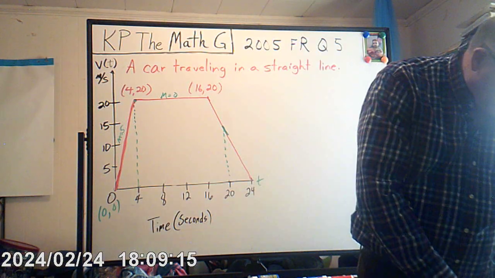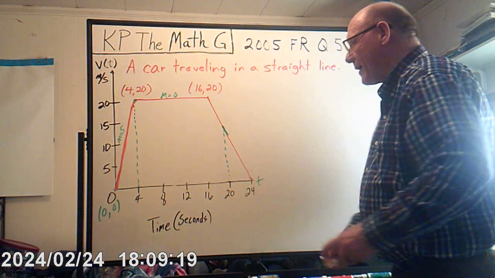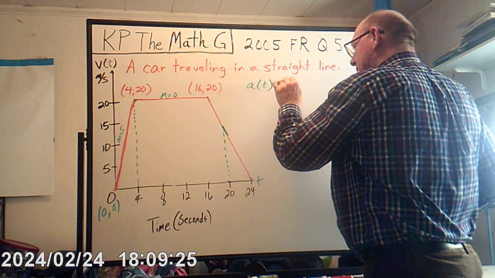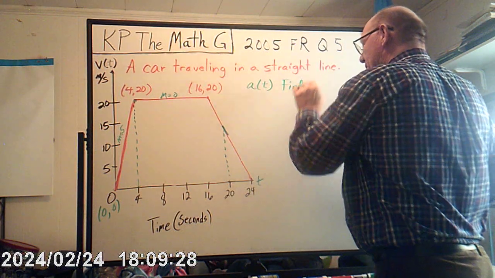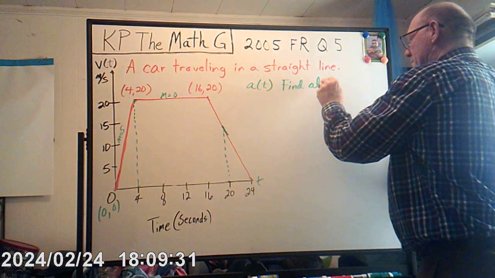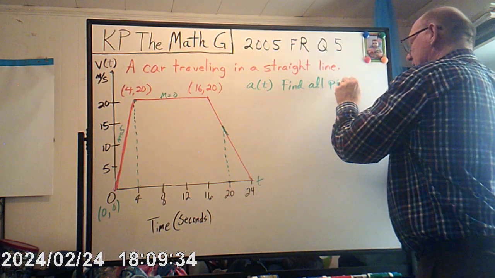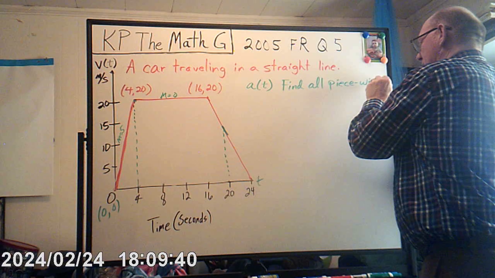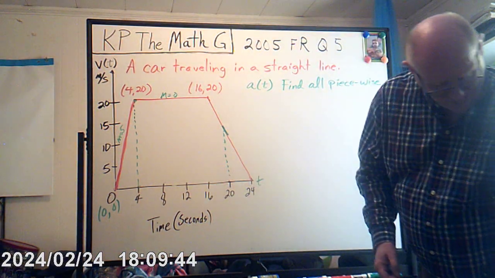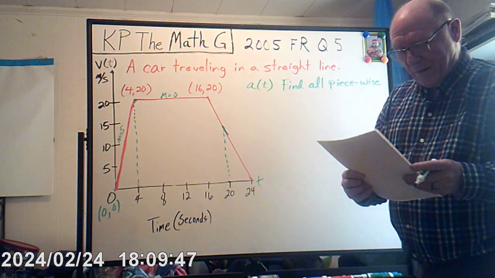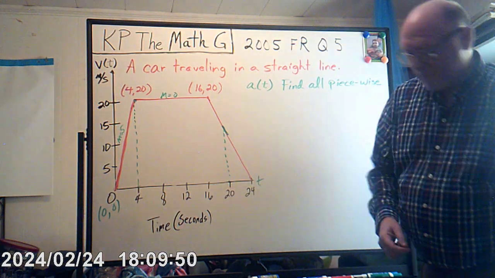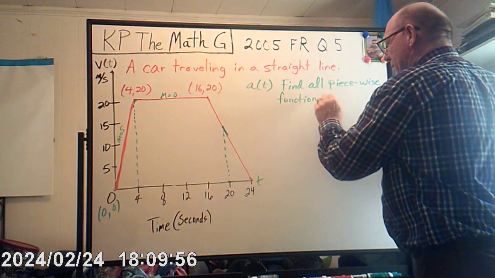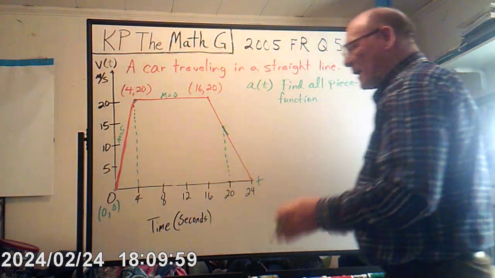Alright, so let's try this right here. We're looking at A at T now, and we want to write a piecewise function that's related to A at T. Well, A at T is mainly the slope of the tangent line.